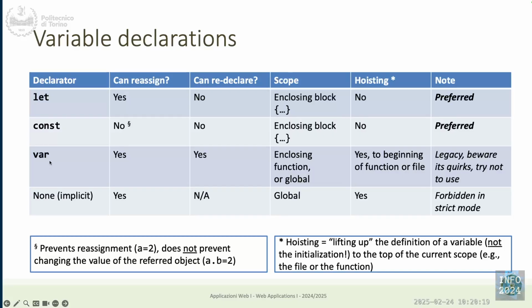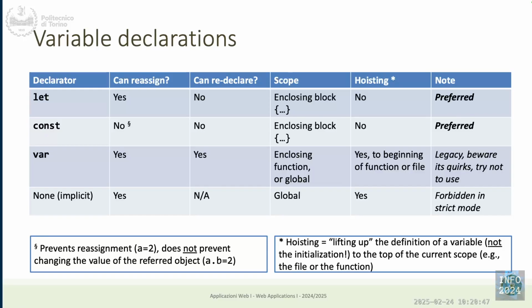We don't use it very much because it's similar to let, with the difference that the declaration is hoisted. Hoisting is a word that I didn't know before. It means lifting up, okay? So actually, a declaration with let declares the variable in that point where the code is executed, so the variable will exist from that point forward.